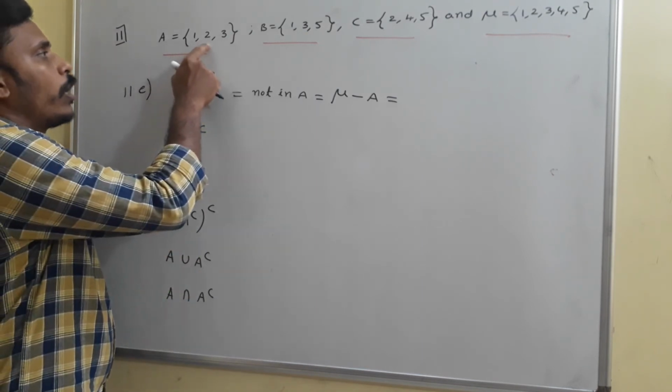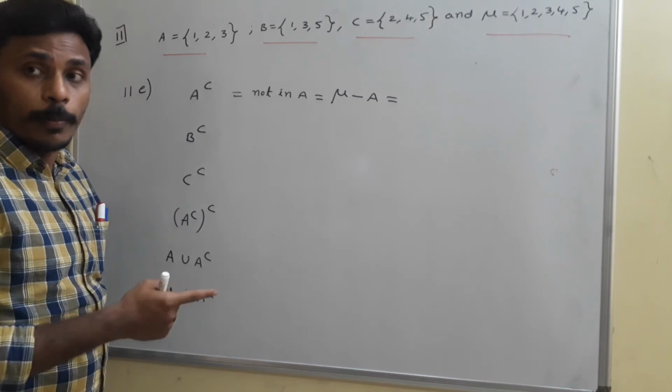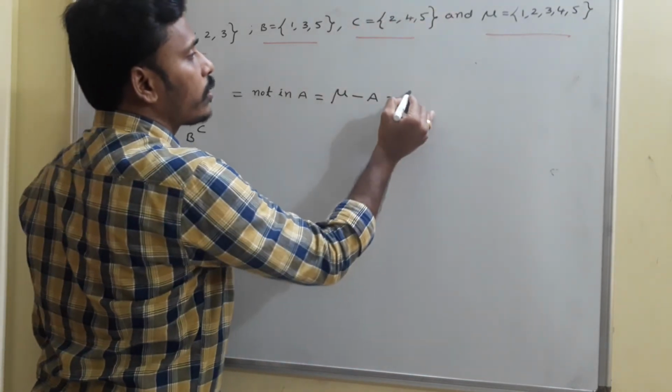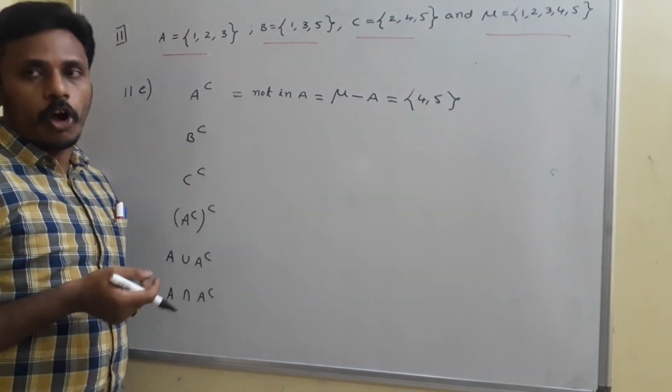In A I have 1, 2, 3. I don't need that 1, 2, 3 because I am writing A complement. I need to consider the remaining elements other than 1, 2, 3 from the universal set, and they are 4, 5. And this 4, 5 is the A complement.